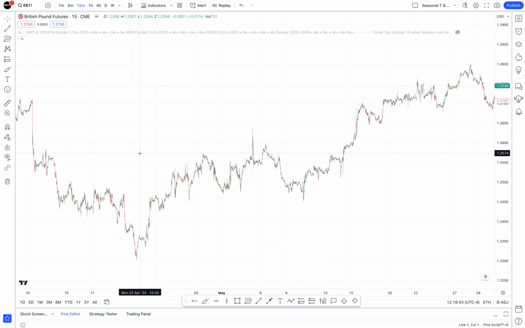It's not going to be as accurate as a 1-minute would be, but bear with me. So I'm going to use the 10 a.m. open price for the Wednesday and the 9:15 a.m. close price for Monday.